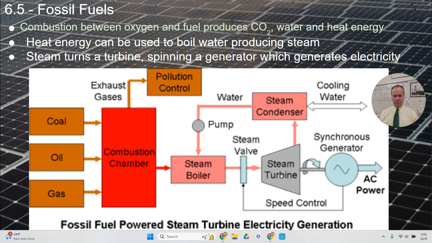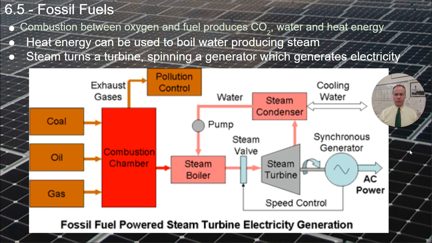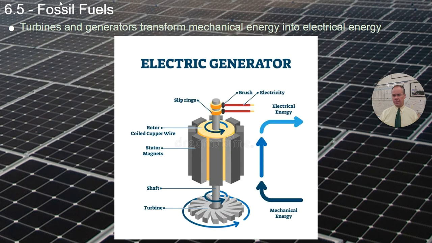And when you have a spinning turbine, it's connected to something called a generator, basically a coil of magnets, and as this generator spins, it produces electricity. And that process is how we generate electricity using these fossil fuels. And we can see one part of that here. Here we have the turbine and the generator.